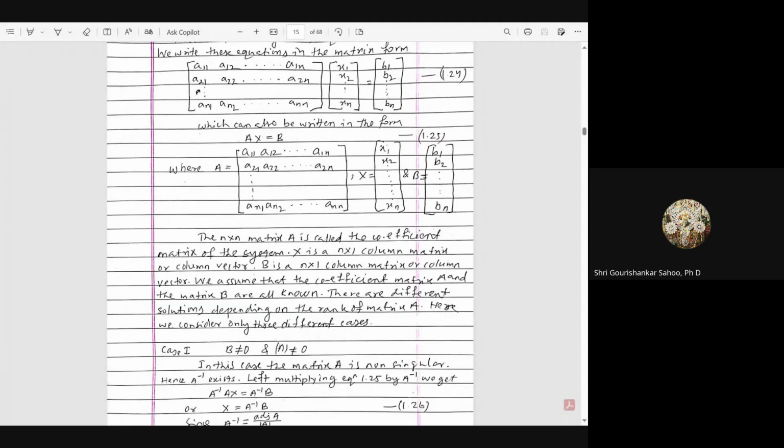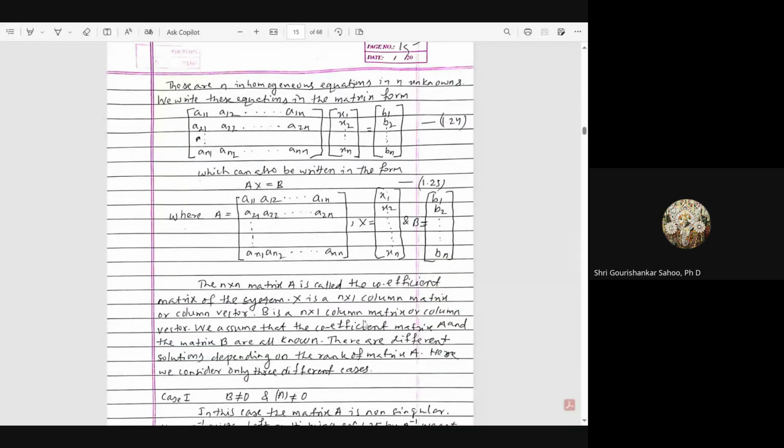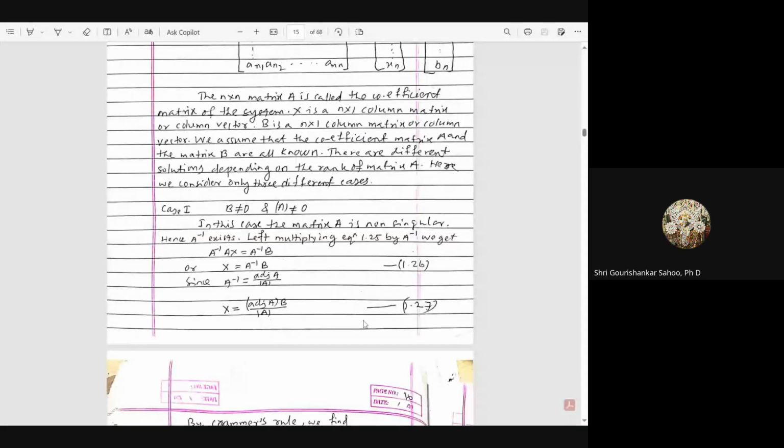So let us consider three different cases. In case 1, B is not equal to 0, and the determinant of A is not equal to 0. So here the matrix A is non-singular, so you have A inverse.